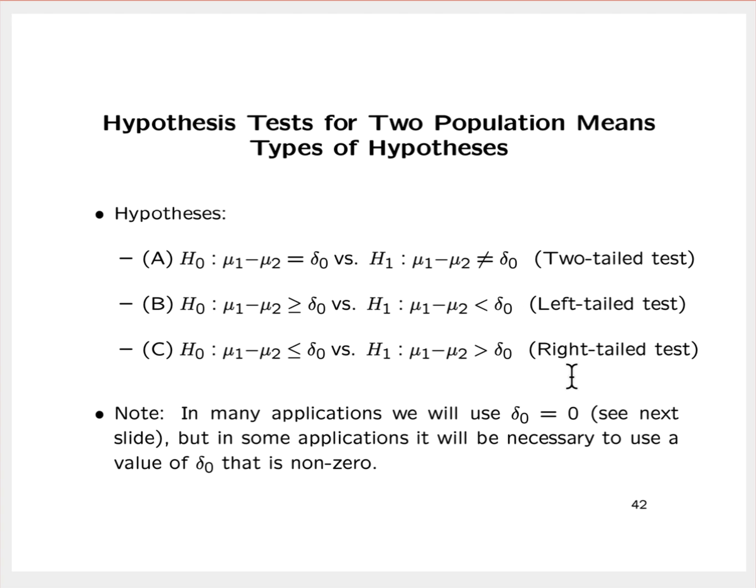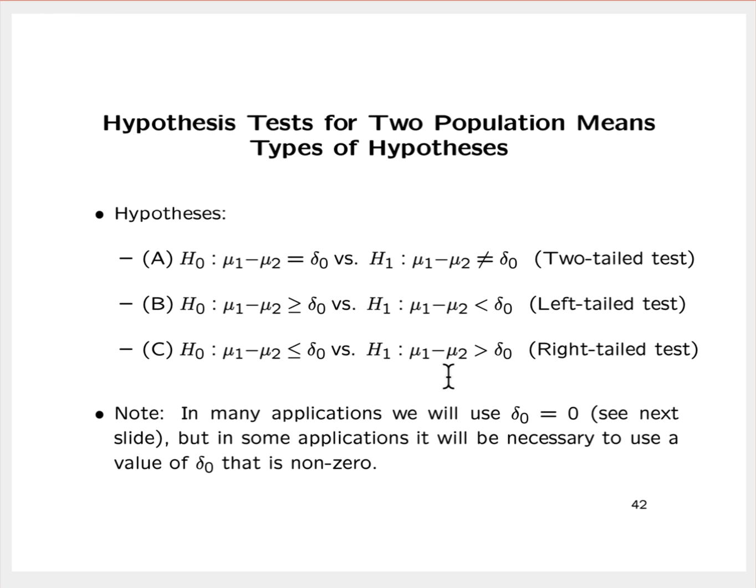And then finally, the right-tailed test has a null hypothesis that says that the difference between the population means, mu1 minus mu2, is less than or equal to the hypothesized difference, delta 0, against the alternative hypothesis, which says that the difference between the population means is greater than delta 0.